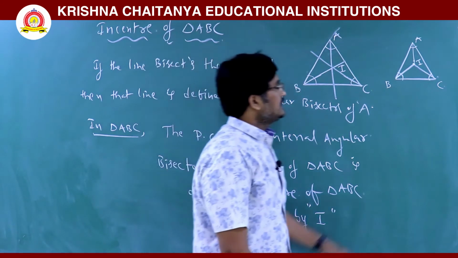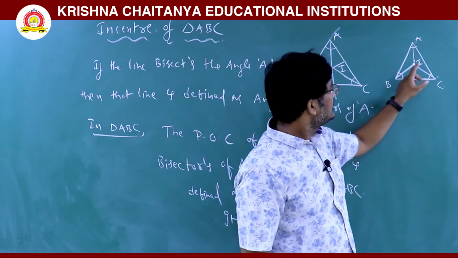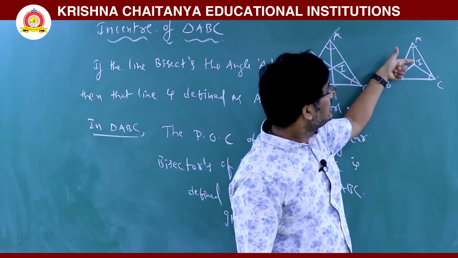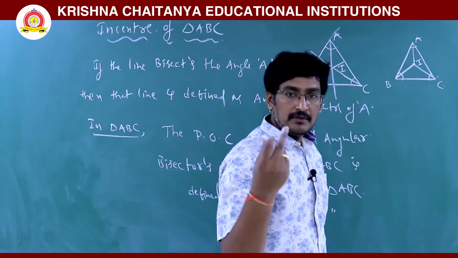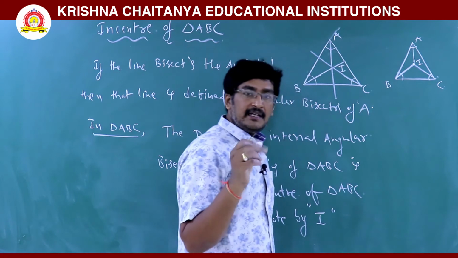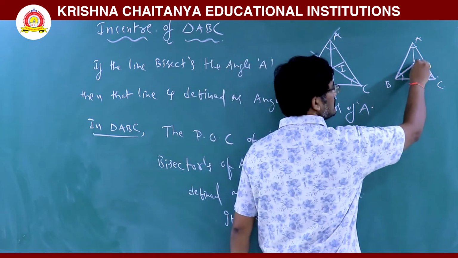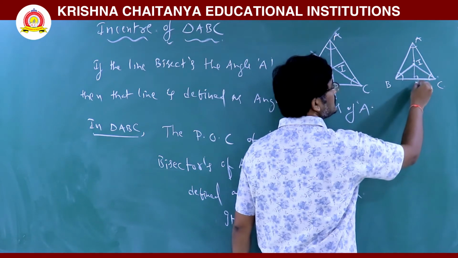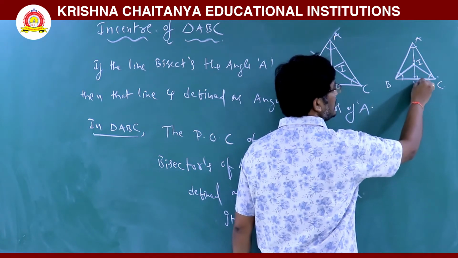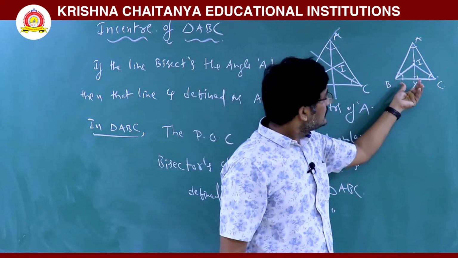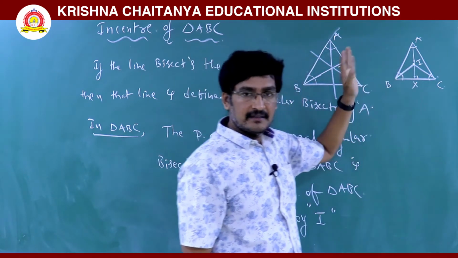Now the point is, this is one observation. Suppose we have to find the perpendicular distance from I to this side. Suppose this is IX: the perpendicular distance from I to this side BC is IX.